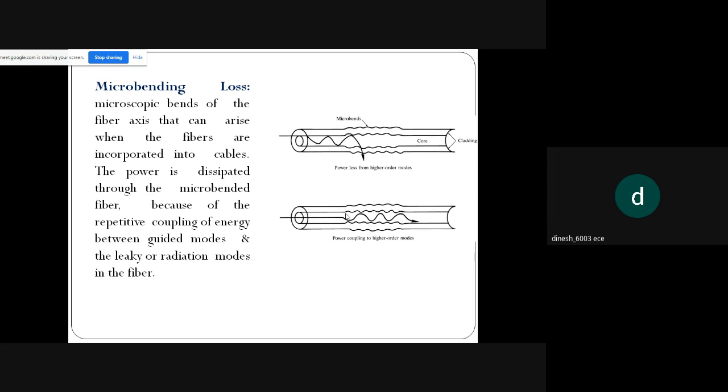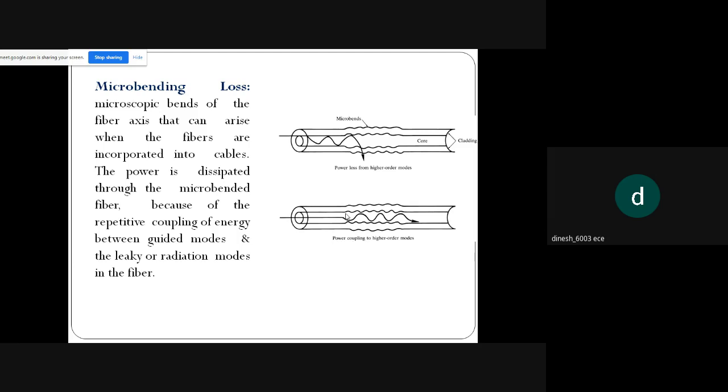So next is micro bending. The micro bending of the fiber axis, which is the core. The micro bending loss is due to microscopic bends.